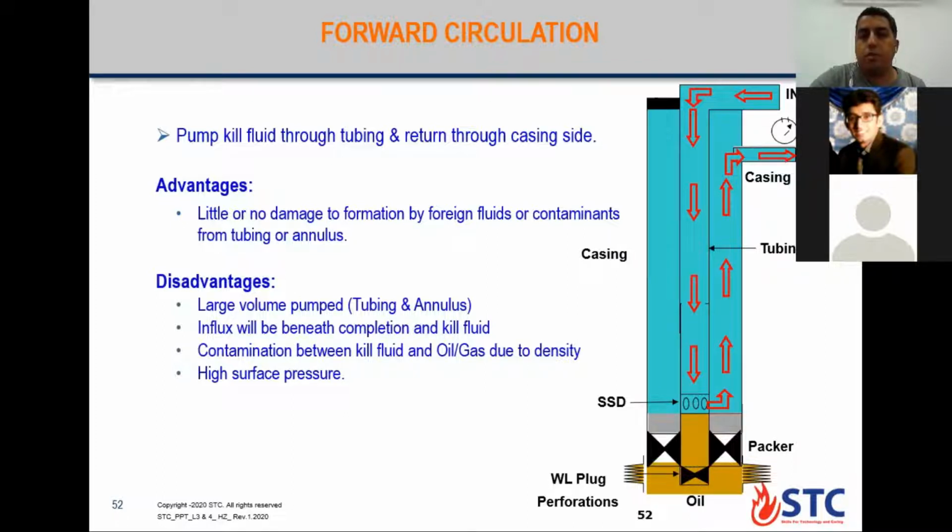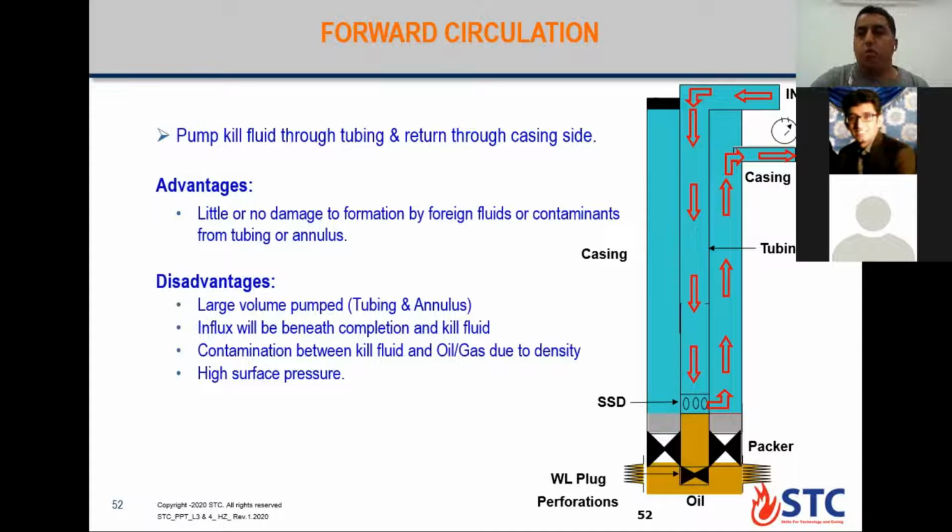Sorry, I didn't get you. The Christmas tree valves will be the secondary barrier at the surface to shut in the well. Okay, but we will be pumping from it. Yeah, we pump from the Christmas tree. So during pumping, you are killing the well. The kill fluid you pump will be the primary barrier. After you pump, you will check the pressure at the surface.